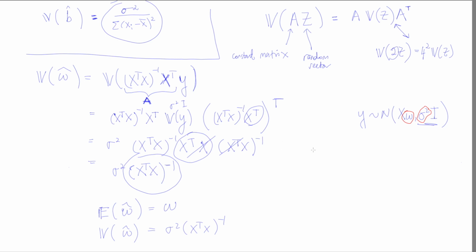Well, sigma squared, remember, is the variance of the measurement error. Remember we said the error epsilon i is going to be normal with variance sigma squared.